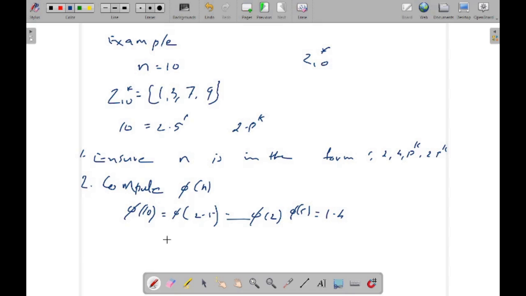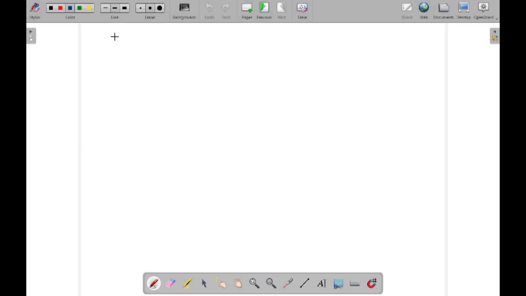The third step: find the prime factors of phi of n. Here this 4 can be written as 2 raised to 2.